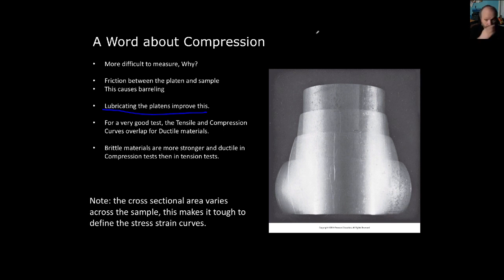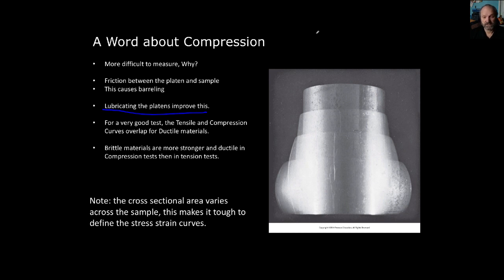If you do it right, your stress-strain curve for compression will overlap with your tensile stress-strain curve really well. If you don't have lubrication, then those two curves won't overlap very well.